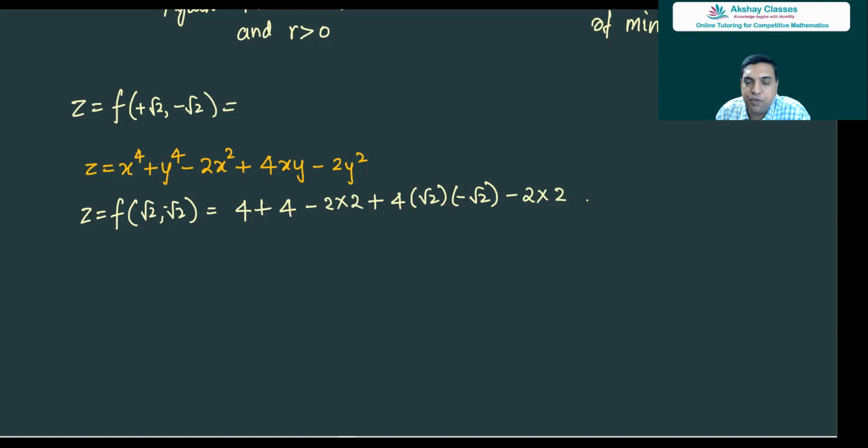So 4 plus 4, 8, minus 4 minus 4, 0. And then 4 times root 2 times minus root 2 becomes minus 8. So the answer is minus 8.